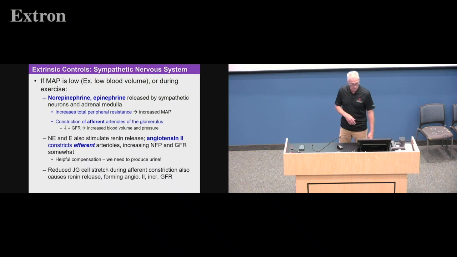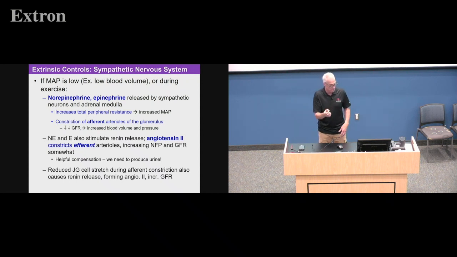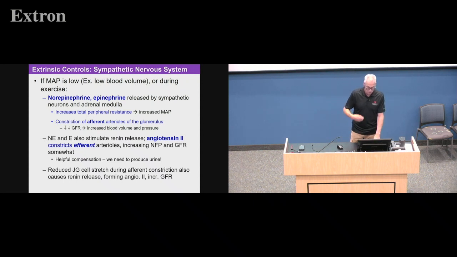It also turns out that constriction of the afferent arterial smooth muscle by the sympathetic nervous system will stiffen things up there such that the juxtaglomerular cells interpret that to mean, oh, the blood pressure is low. And so they will release some extra renin in addition, which will cause angiotensin II to be produced, increasing glomerular filtration rate.